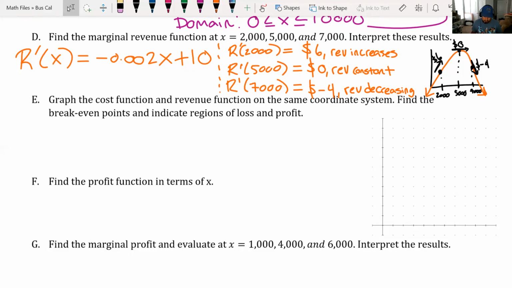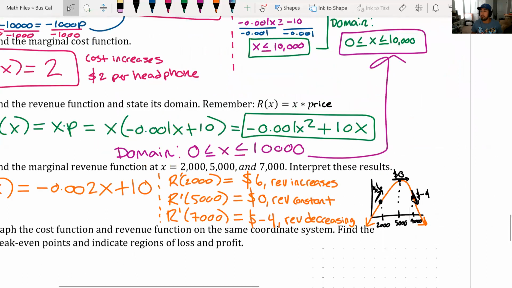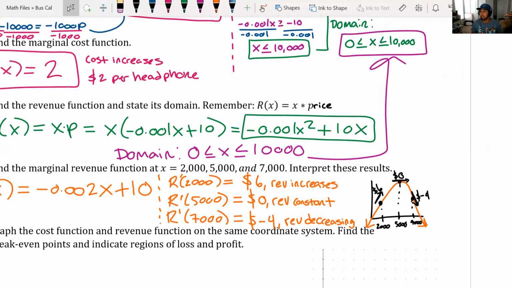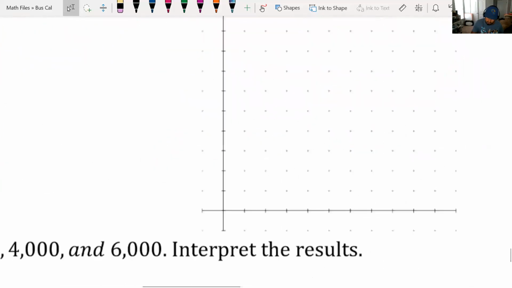So first thing I'm going to plot are the x values, and the x values are given by the domain. We are given x values to stay between 0 and 10,000. So that's what I'm going to do here. We'll say 0 and then 10,000.